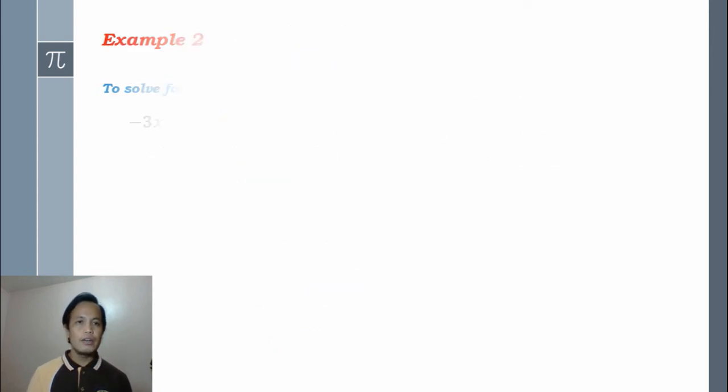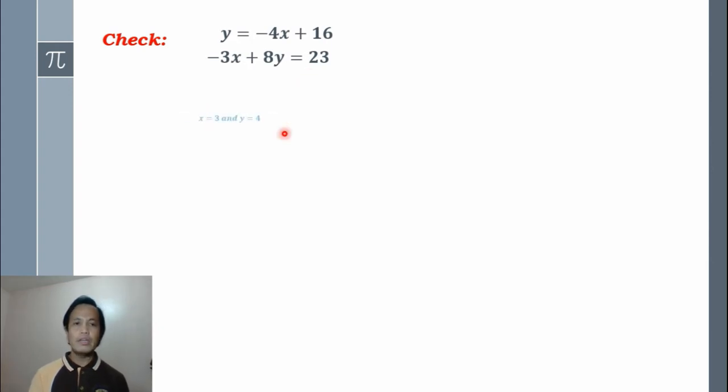To check, let us go back to the original equations, with x equals positive 3 and y equals positive 4. For equation 1, we have y equals negative 4x plus 16. Our y is 4, so we replace y with 4, and we replace x with 3.